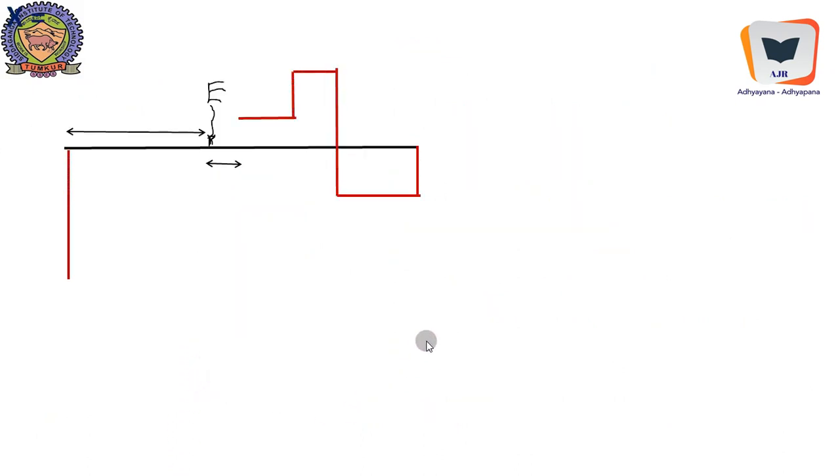Now once again we will take on to a different slide for the sake of clarity. E is to be located because E happens to be a very important point. We'll see why it is important when we start computing bending moment. So x over 42 equal to 3 minus x over 18, because this side is 18. This is the big triangle, the shear force triangle, and this is a small triangle, and they are similar.